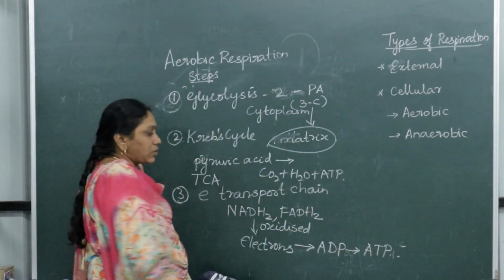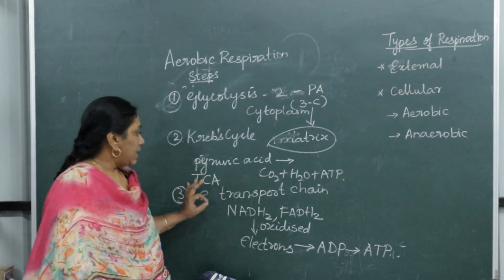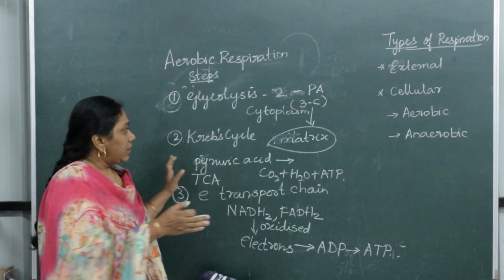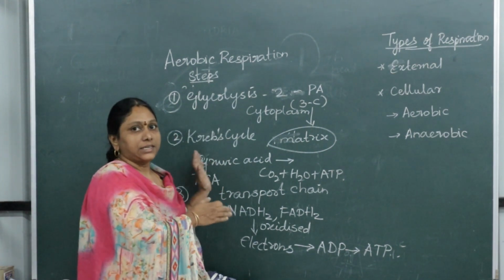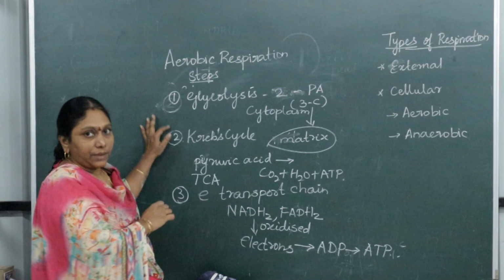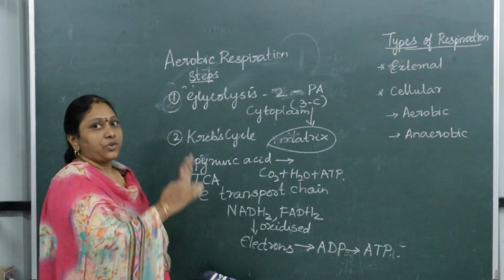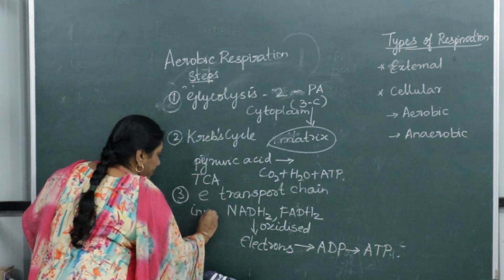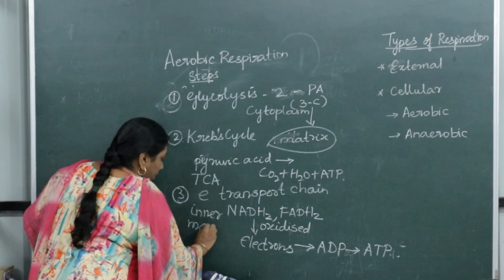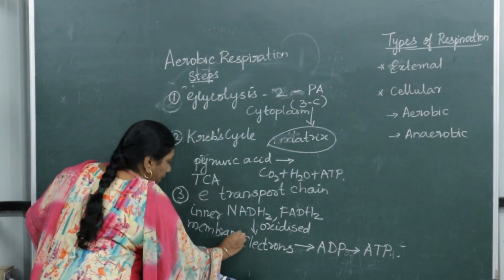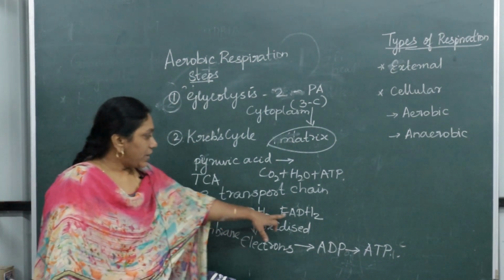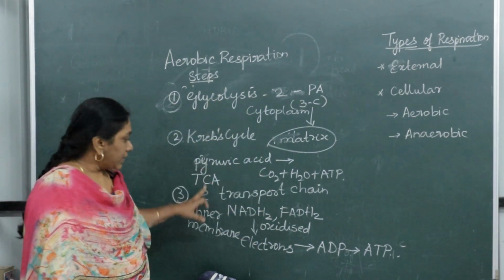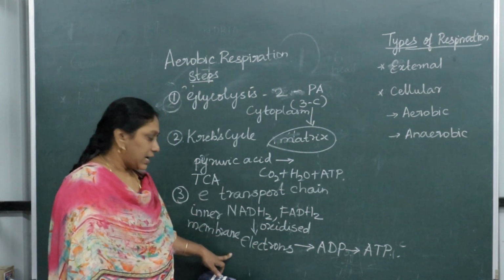This is the last step in that complex biochemical process. What we have to remember here is that it is not as easy a process as it sounds. The complex electron transport chain is present in the inner membrane of the mitochondria. NADH2 and FADH2, produced during glycolysis and Krebs cycle, are oxidized to release electrons.